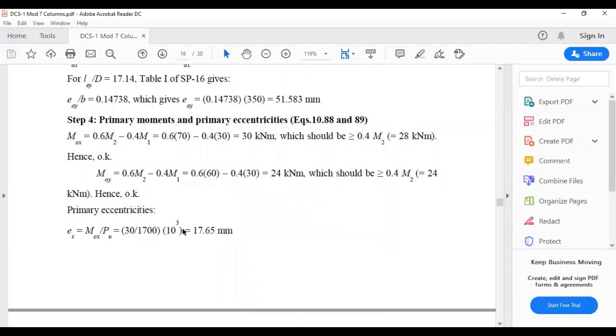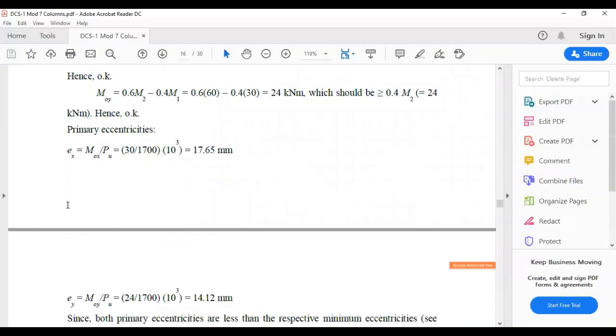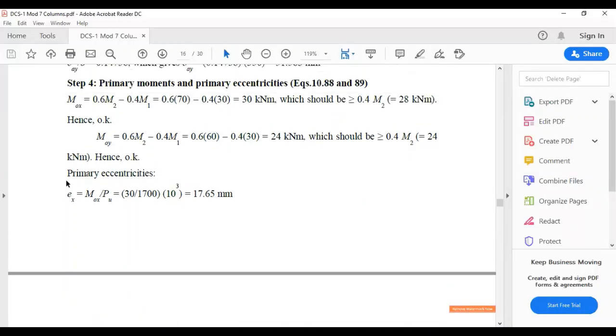Now next step is to find primary eccentricities. Primary moments we have just found out. It is given by the formula Ex equals MOX upon Pu. MOX we just found out, which is 30, and Pu is given in the question as 1700. So this value of Ex comes out to be 17.65 mm.